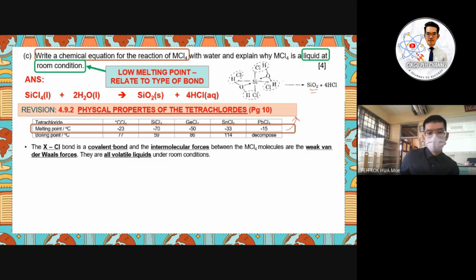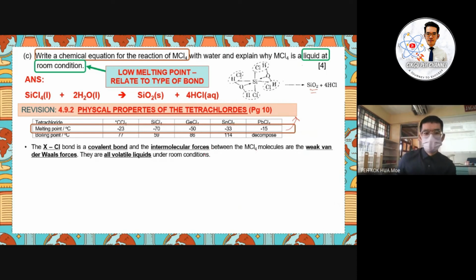Okay, because here we have actually two bonds. One is the X with Cl covalent bond. Okay, but here we know already the tetrachloride of group 14 is actually the simple molecule. So the intermolecular forces will play the role affecting the melting point. Discuss about the intermolecular forces between MCl4.